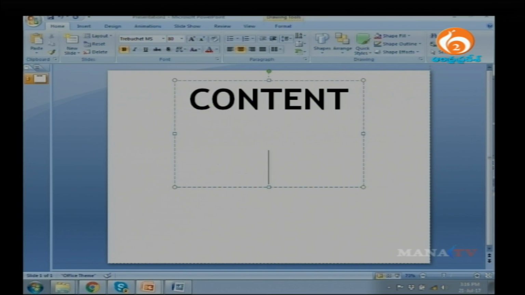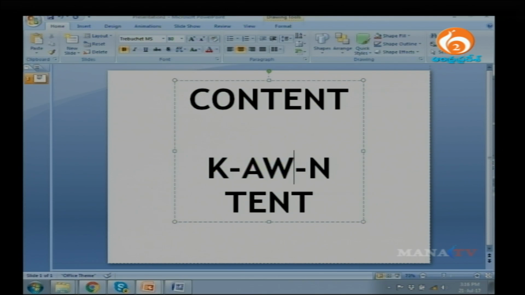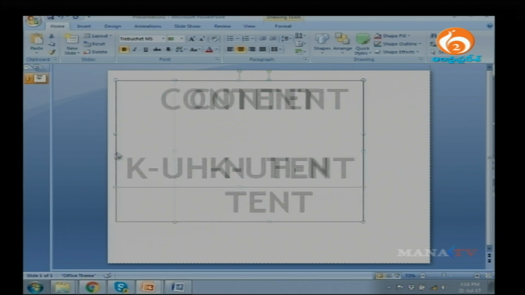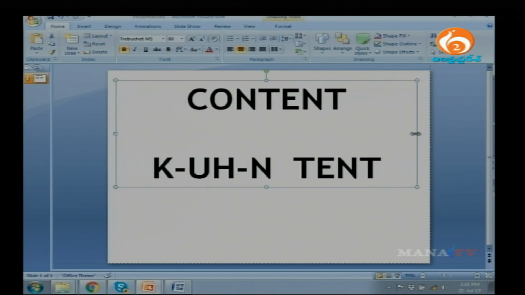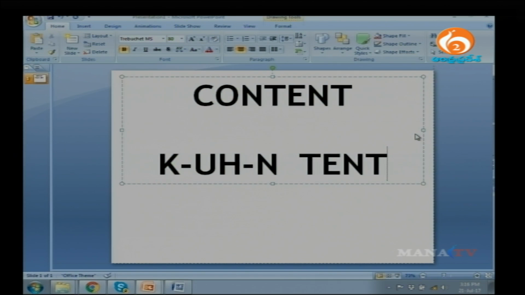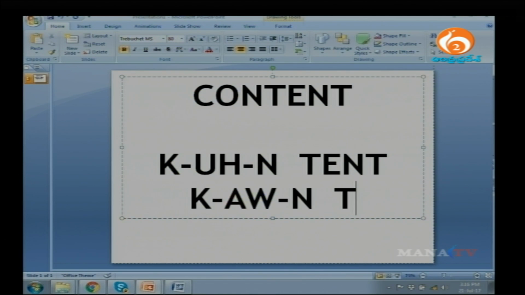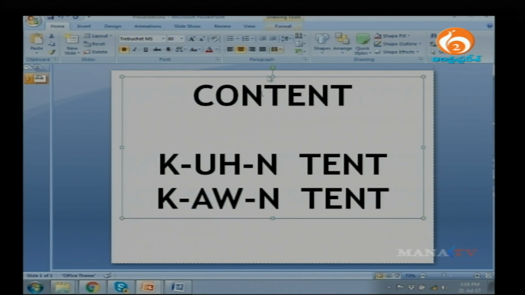A lot of people pronounce this as content, right? But there is another pronunciation of this word which is content. So is it content or content?